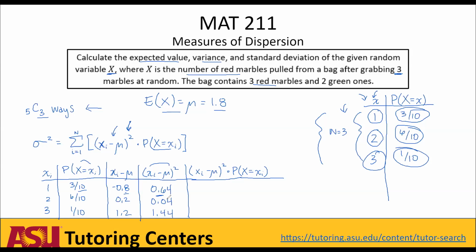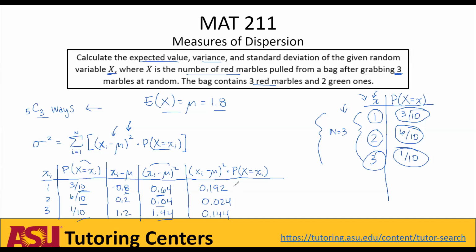In the case of 1, we have 0.64 times 3/10, which is 0.192. Then we have 0.04 times 6/10. That is 0.024. Lastly, we have 1.44 times 1/10, which is 0.144.